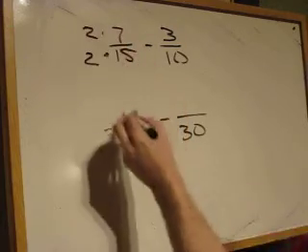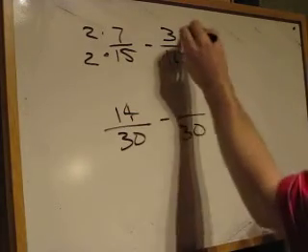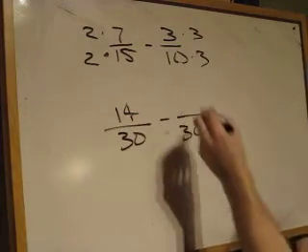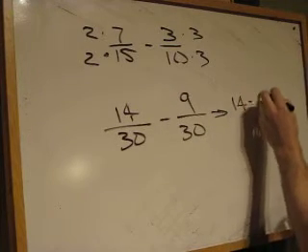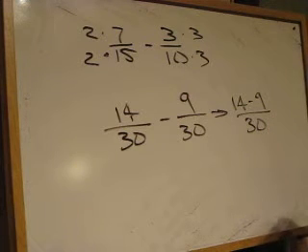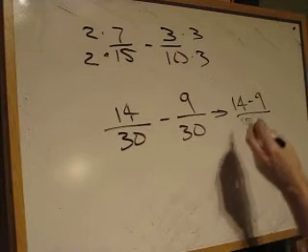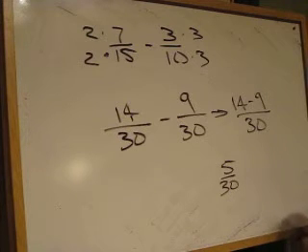So we multiply the 7 by 2. 10 times 3 is 30. So we have to multiply the top by 3, which gives us 9. And then we can rewrite this as 14 minus 9 all over 30. And 14 minus 9 is going to give me 5 over 30.